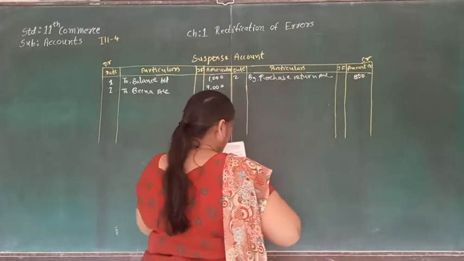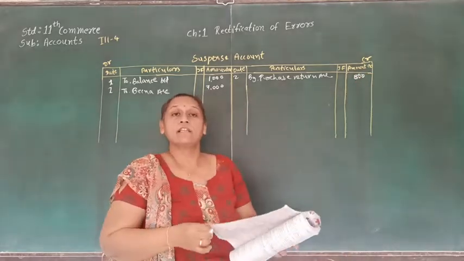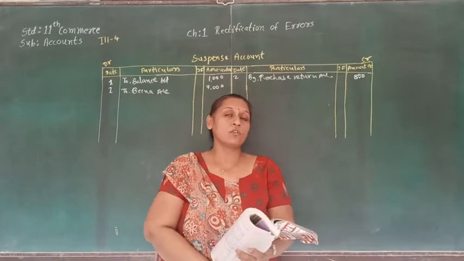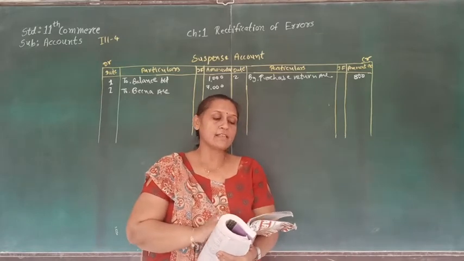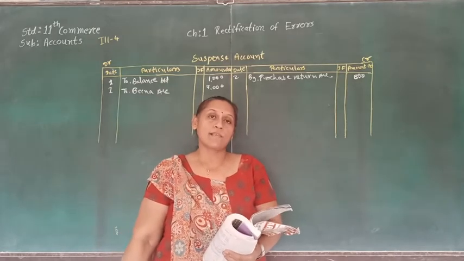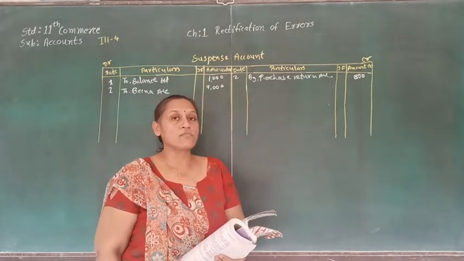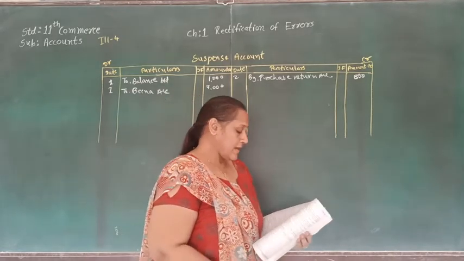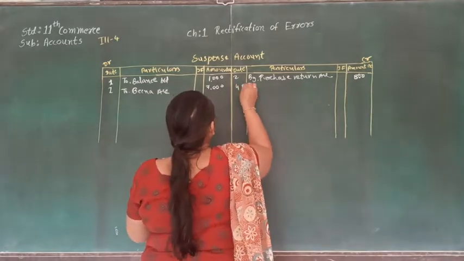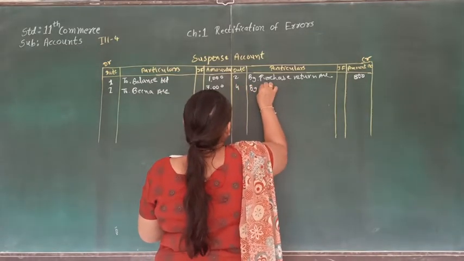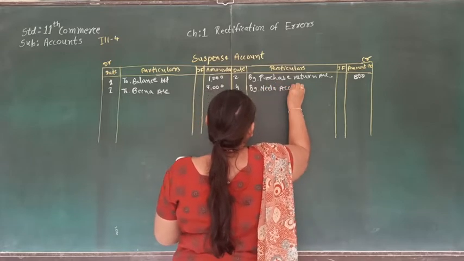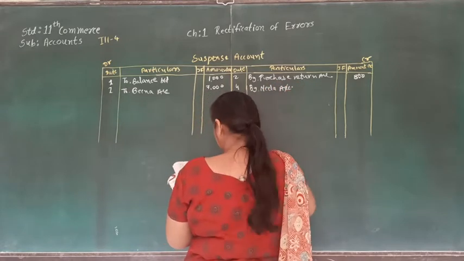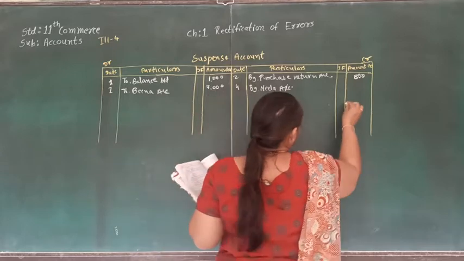For the third day, there is no suspense account entry. Now let's see the fourth day, Nila's account debit to suspense account. So on the credit side of the suspense account, we will write by Nila's account, and that will be 1,200.